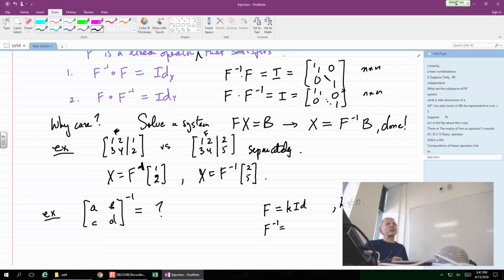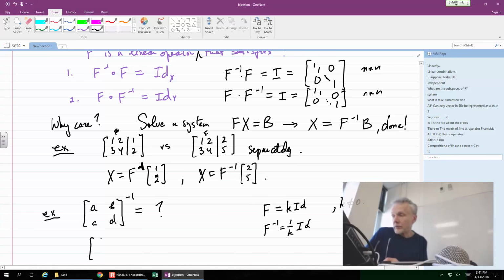What transformation of the plane undoes the effect of stretching? What's the opposite? Condensing, yeah, shrinking. So we stretch by a factor of k, or say 2, so we shrink by a factor of 1 over k. 1 over k times the identity, which means that it will have 1 over k on the diagonal. Okay, so as you can see, it is not entirely predictable what the inverse is.